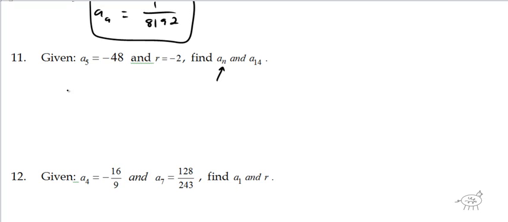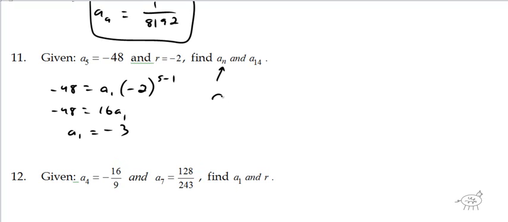So I have a sub n, which is negative 48, equals a sub 1 times r to the n minus 1, so to the 5 minus 1. Okay? And I solve for a sub 1 here, so negative 48 equals 16 a sub 1, so a sub 1 is negative 3.